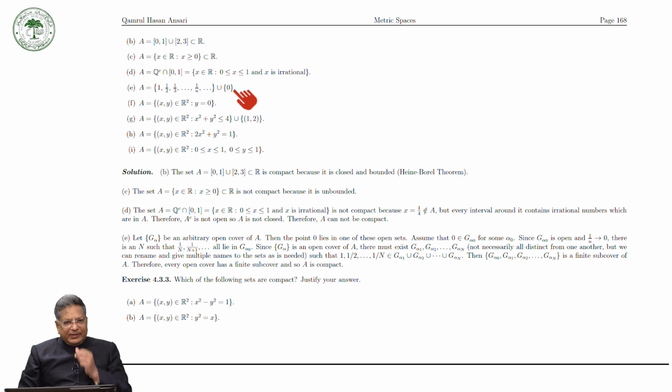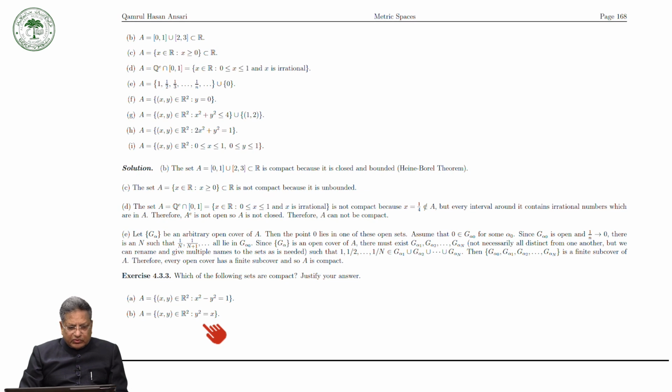For E, I have given the solution here, and I hope that you can try by yourself. It is very simple, not very difficult. Now the other exercise: which of the following sets are compact? You take this set, a subset of R2.